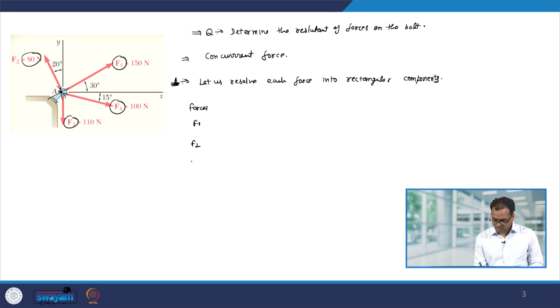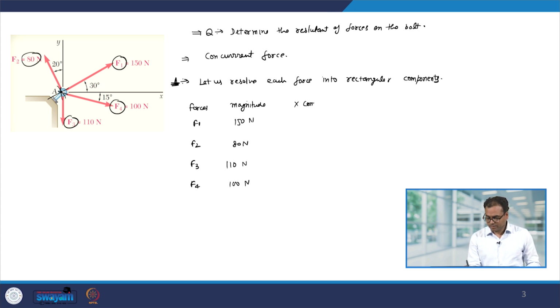F1, F2, F3 and F4, and their magnitudes are 150 Newton, 80 Newton, 110 Newton and 100 Newton. Their x components will be, for example for F1, F1 cos 30 degree.